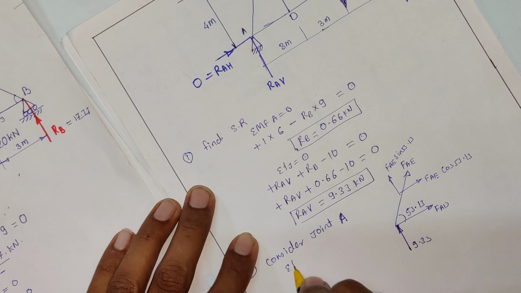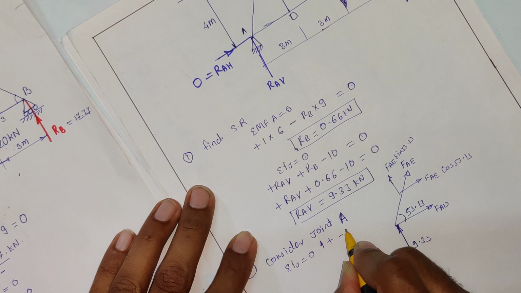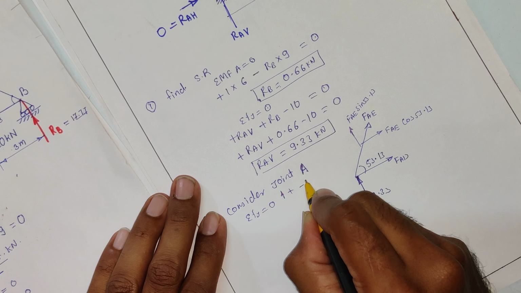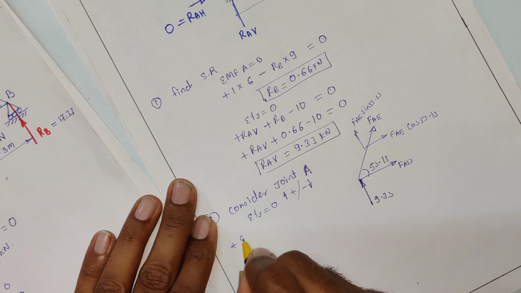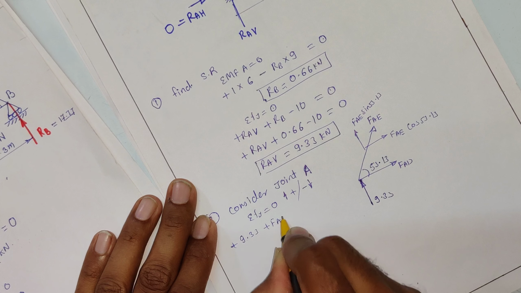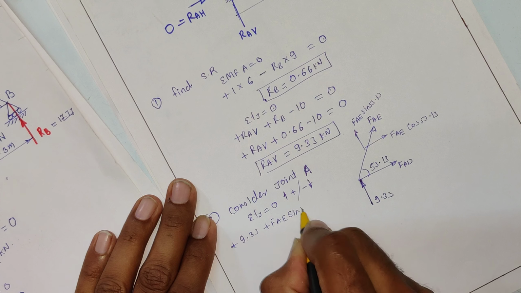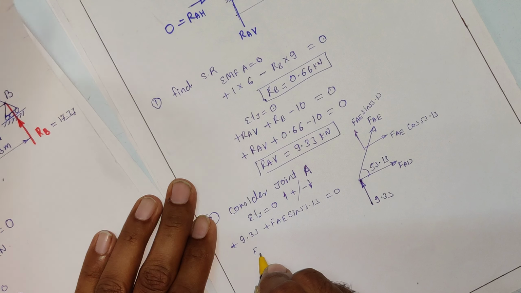So summation of Fy is equal to 0: plus 9.33 plus FAE sin 53.13 is equal to 0.